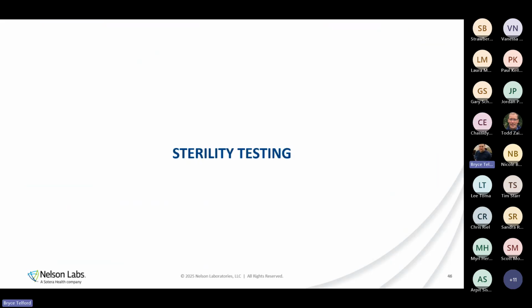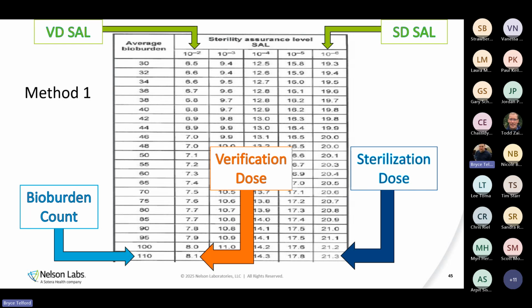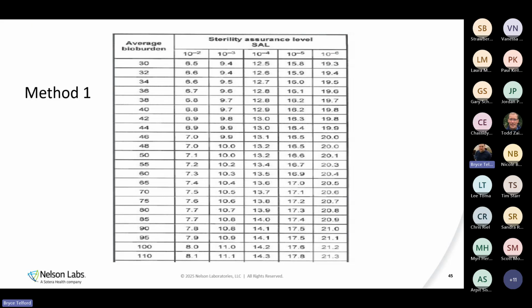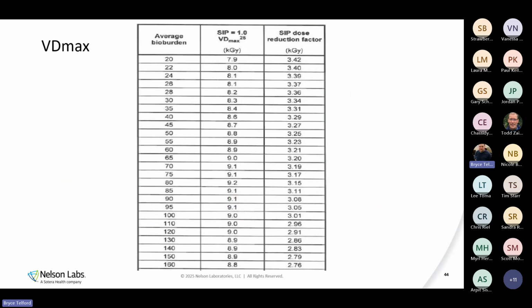So once we've determined the dose, we've set that dose based on that bioburden estimate. And again, I want to reiterate that the bioburden estimate includes the recovery efficiency, which is why they're going to include that recovery. So if I come back, I'm going to clear the screen a little bit. I'm going to do it for both VD max and method 1.